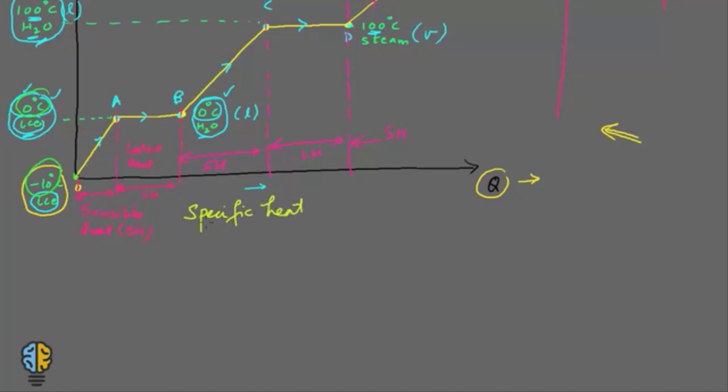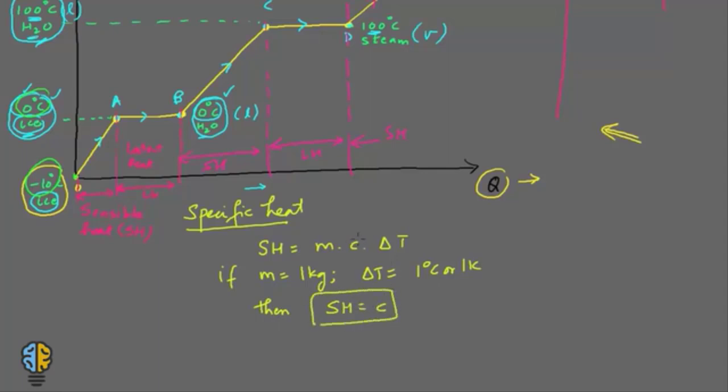Mathematically, if I have to find out the amount of sensible heat given or absorbed, that is equal to M into C into delta T. If I make the mass equal to 1 kg, and delta T equal to 1 degree Celsius or 1 Kelvin, then the sensible heat becomes equal to C. Now this is small c, not capital C. So this C is called the specific heat capacity.